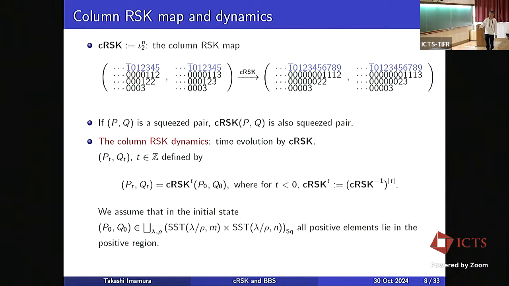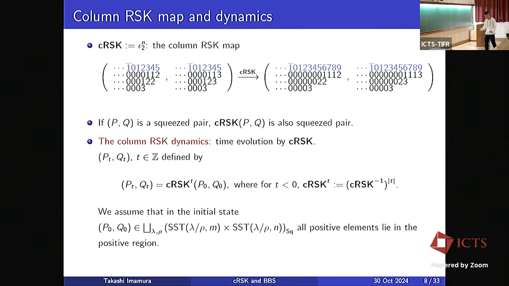Now we consider the column RSK dynamics, which is the time evolution by the CRSK map. P_t and Q_t, where t is a time variable which can take negative values, are defined like this.